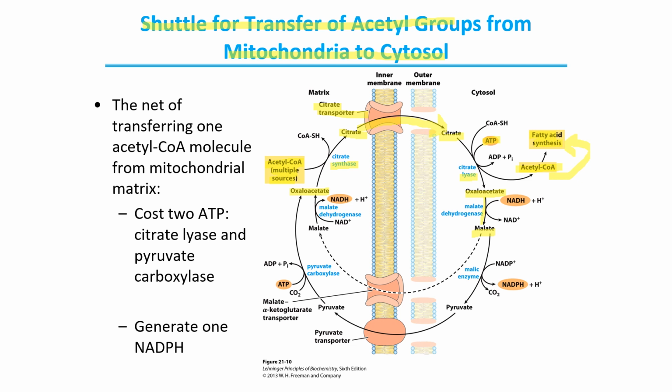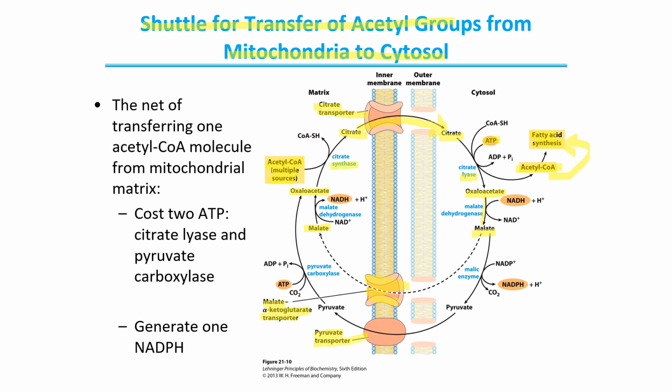Then it has two ways by which it can be transported back into the mitochondria. One way is malate directly goes through the malate alpha ketoglutarate transporter. This is the top one at the bottom, which takes malate out, and malate gets converted back to oxaloacetate. The other one is known as the pyruvate transporter.